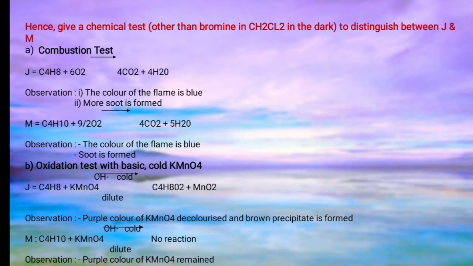The observation is, the purple color of KMnO4 will decolorize and a brown precipitate is formed. Next, we use M, cyclobutane. We react it with basic cold KMnO4, but there is no reaction, and the observation is the purple color of KMnO4 still remains.